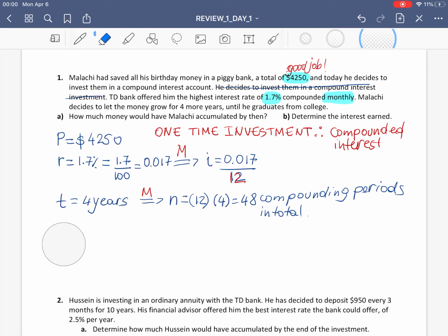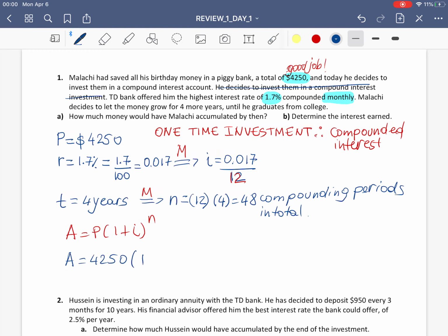And the formula that we're going to use as a result would be A equals P times (1 plus i) to the power of n. And substitute everything. We're going to get principal 4,250 times (1 plus 0.017 divided by 12) to the power of 48 compounding periods.